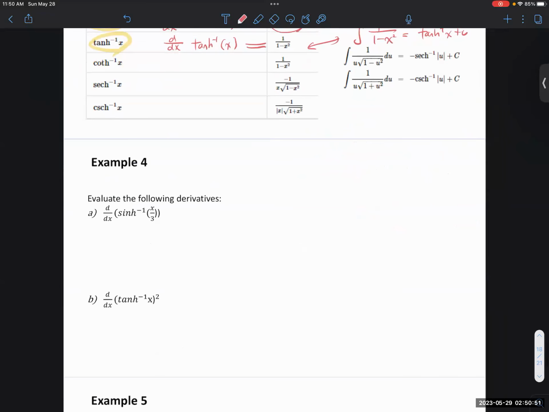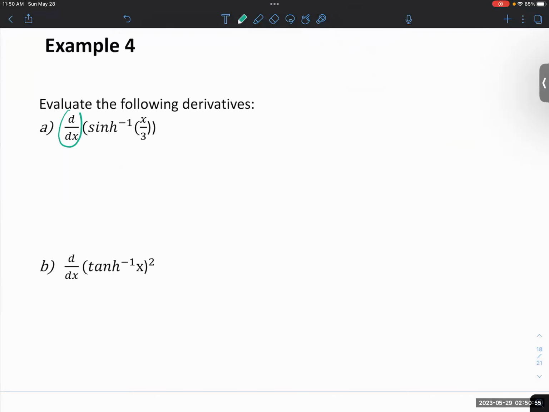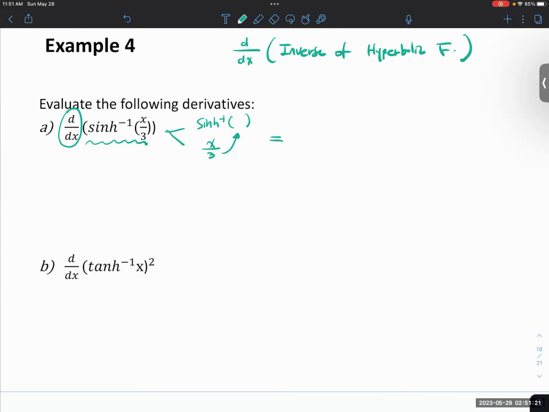Here, I want to take the derivative of the following sine hyperbolic inverse function. Look at it: I have a sinh inverse outside, and x over 3 has been substituted inside.